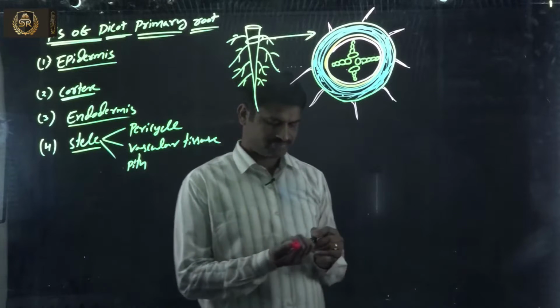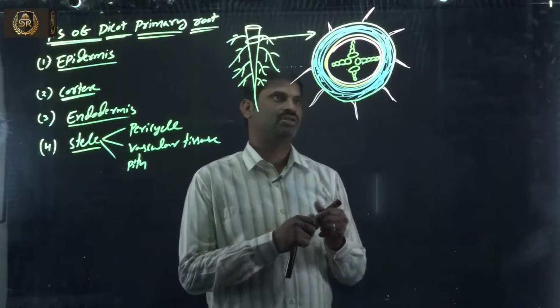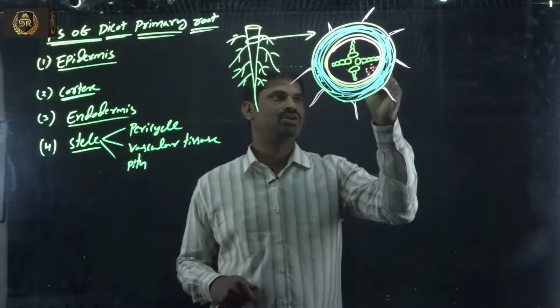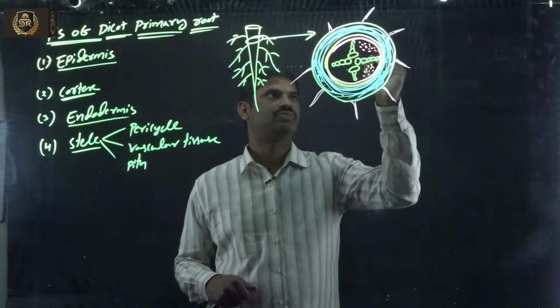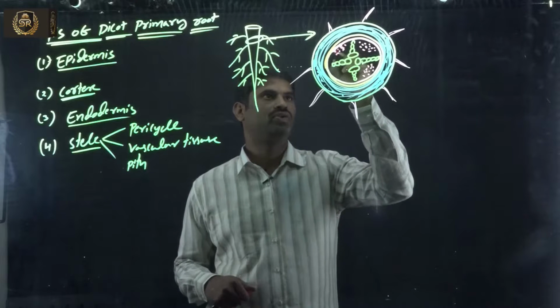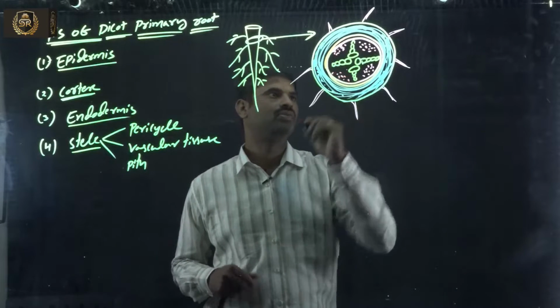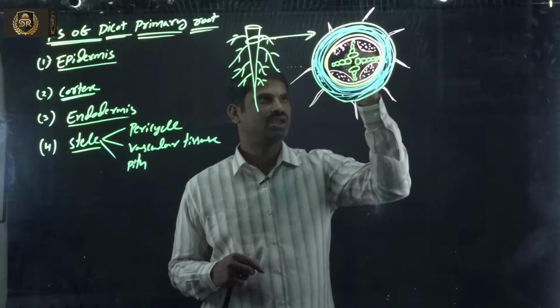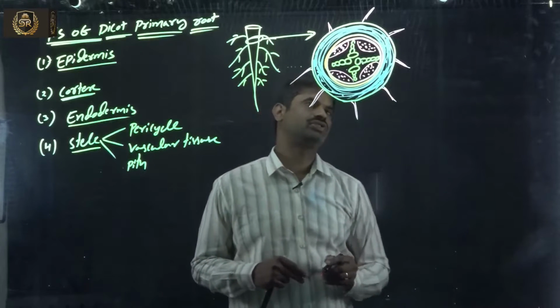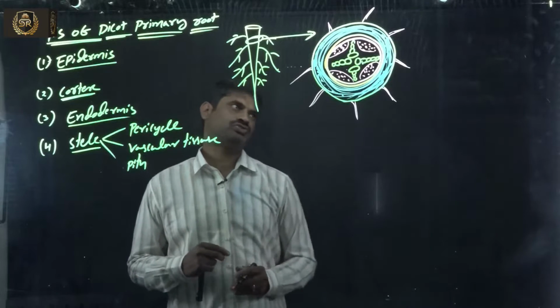Next, this is the phloem part. Xylem and phloem are separated by parenchymatous tissue, which is called conjunctive tissue.